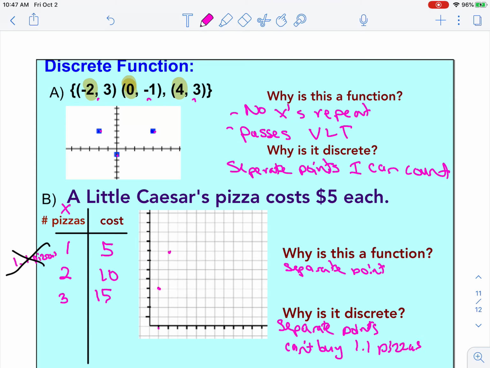So it's countable, not measurable. Why is it a function? It's a function because each X value only has one exact Y value or cost. So each X value of number of pizzas only has one exact cost.